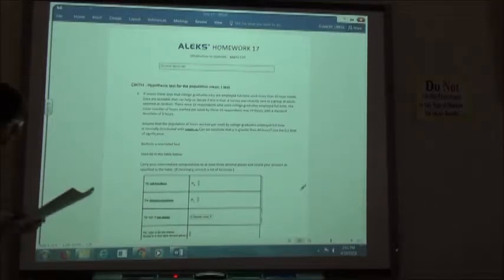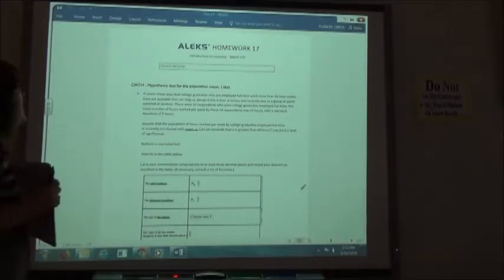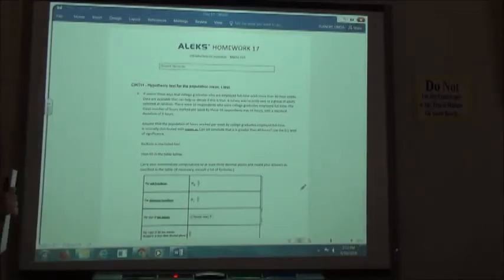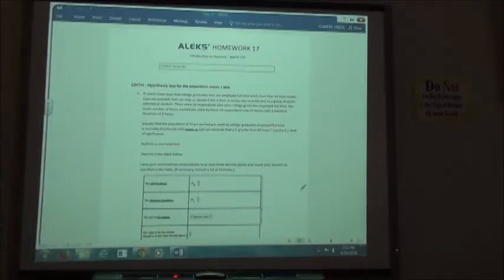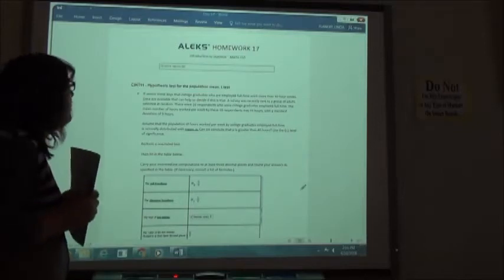So on number 1 here on homework 17, we're going to do the t-test this time. It says, it seems these days that college graduates employed full-time work more than 40-hour weeks. Data are available that can help us decide if this is true. A survey was recently sent to a group of adults selected at random. There were 16 respondents who were college graduates employed full-time.